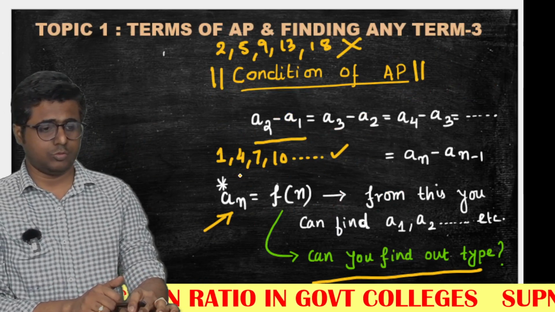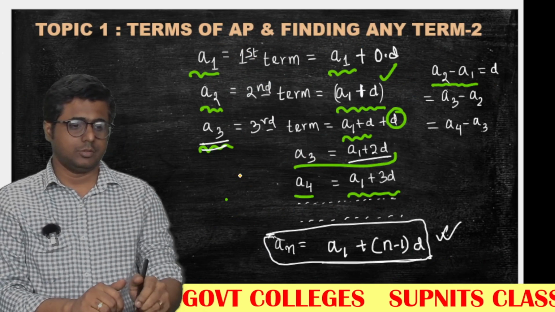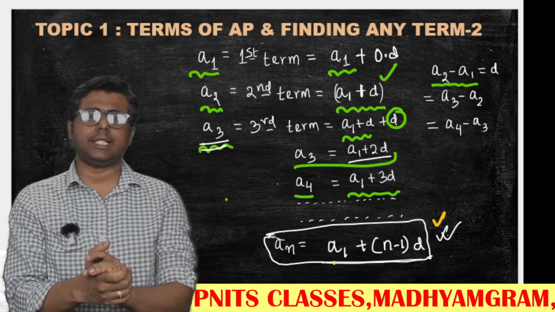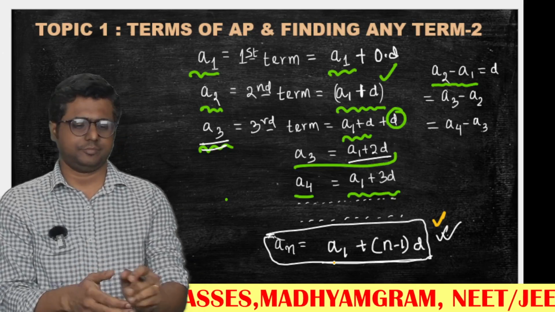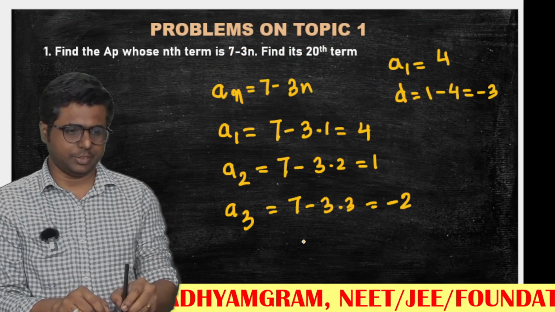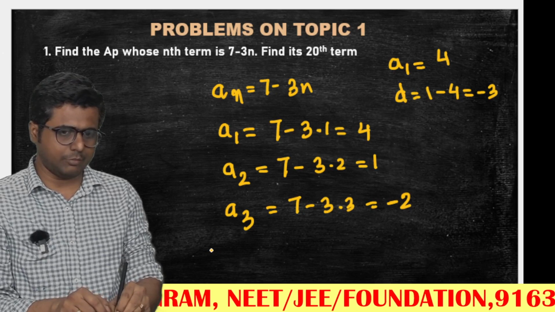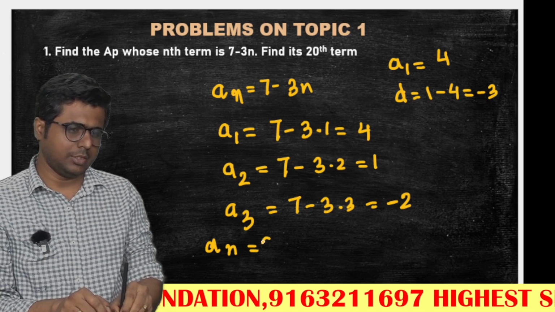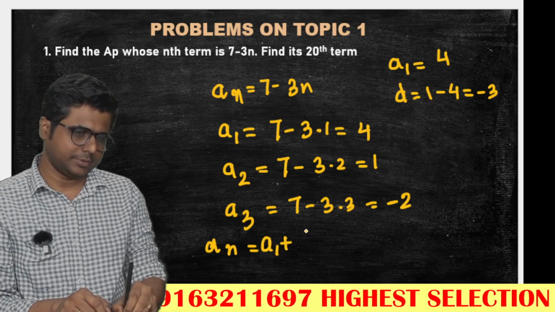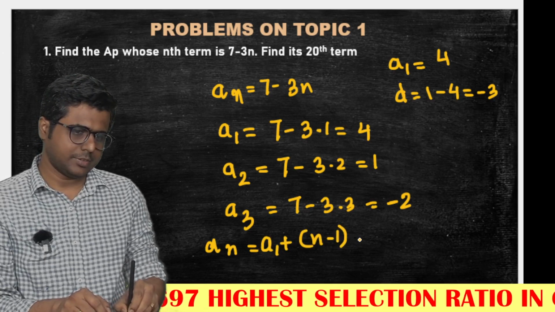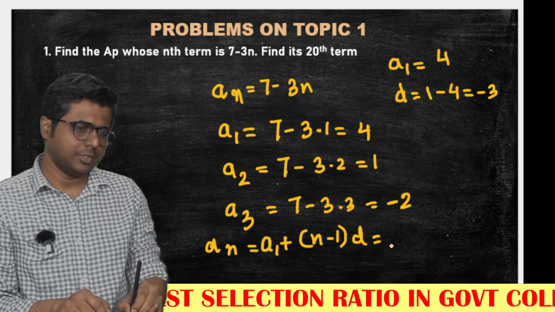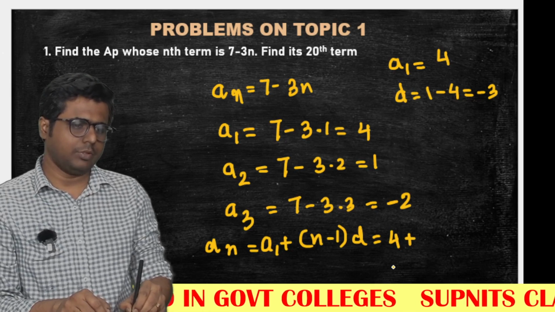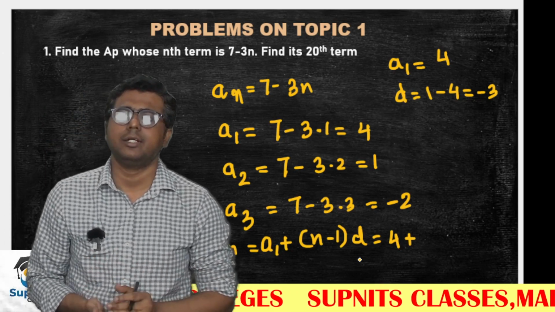So, I will just remind you the formula over here. an is equal to a1 plus n minus 1 d, correct. So, I am going to use this formula over here. So, this is just application of formula an is equal to a1 plus n minus 1 d. What is a1? a1 is 4, and in this case what is an?